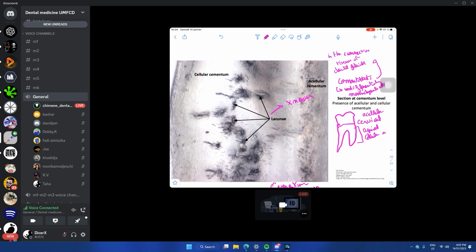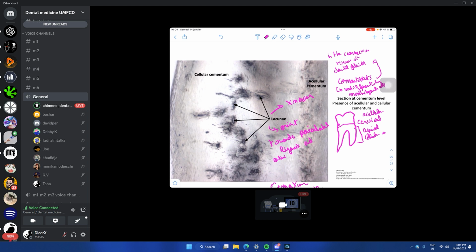Those canals will be oriented towards the periodontal ligament, and they will also contain some cementocyte processes, and it will diffuse some nutrition in here.